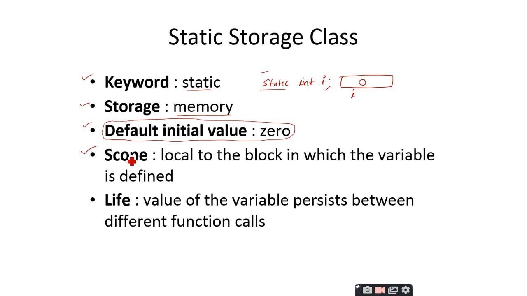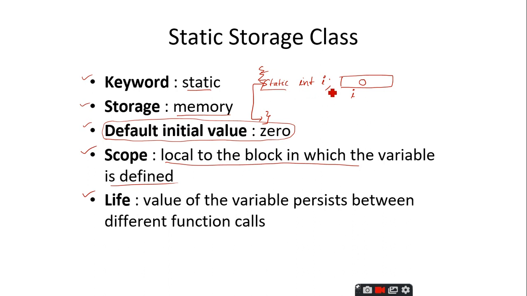And the scope is almost similar to that of the local variables, right? Like automatic and register, the scope is local to the block in which the variable is defined. So if you declare a static variable like this, the scope will be from this point to this point within the block. And the lifetime is different from automatic and register variables.